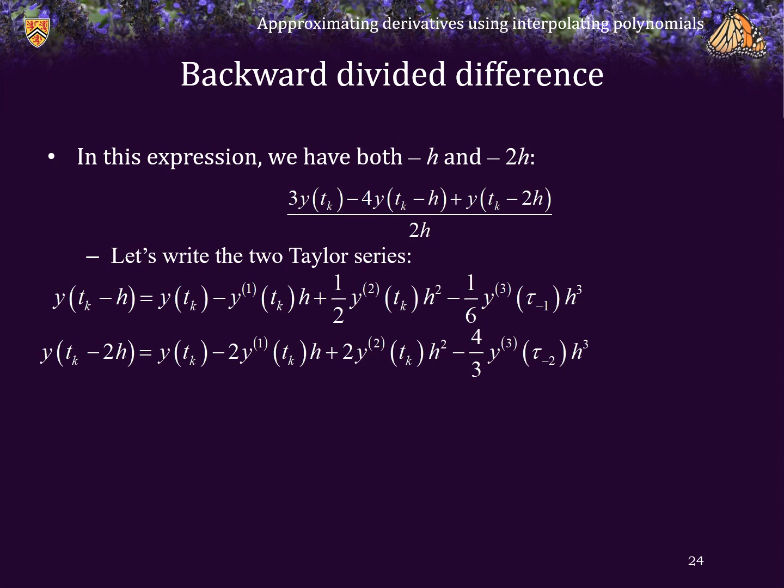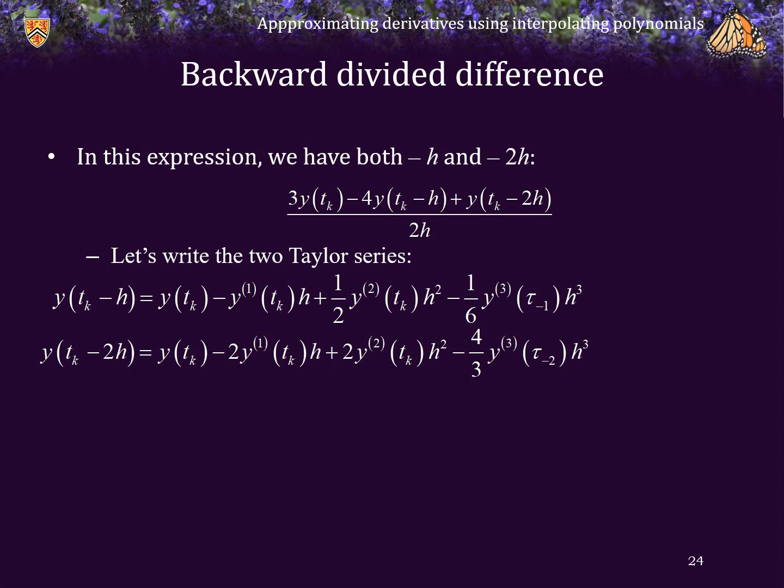Okay, so you get that on the left-hand side. On the right-hand side, we have negative 4 times y at t sub k plus y at t sub k, which ends up being negative 3 times y at t sub k. For the derivative, negative 4 times the first plus the second gives us twice the derivative times h.